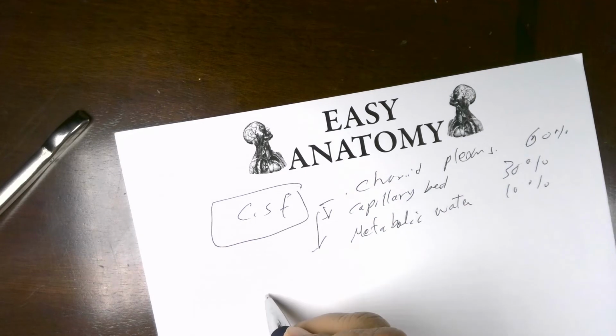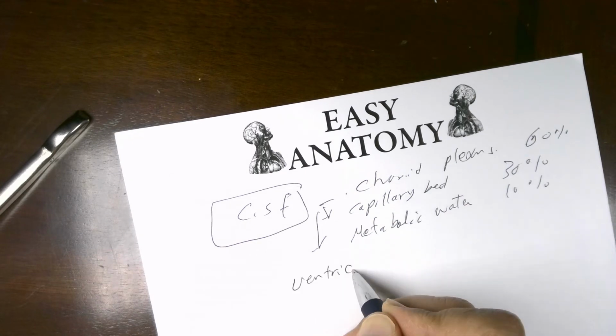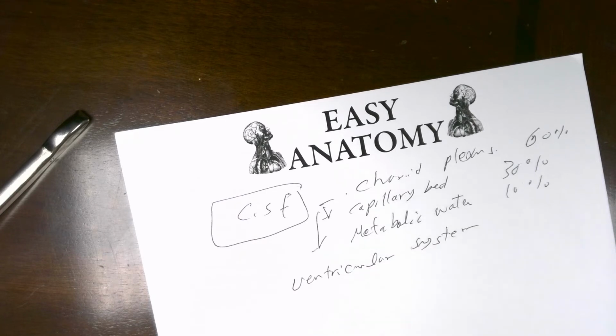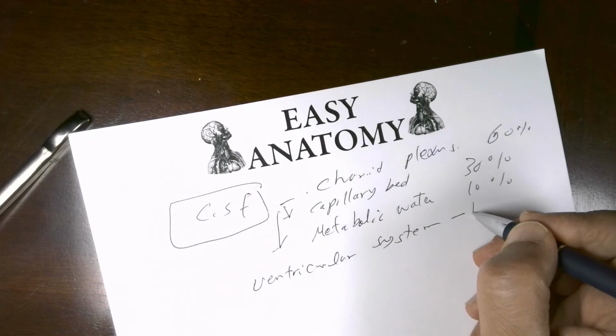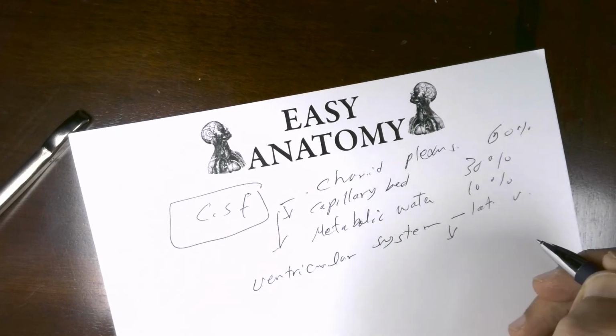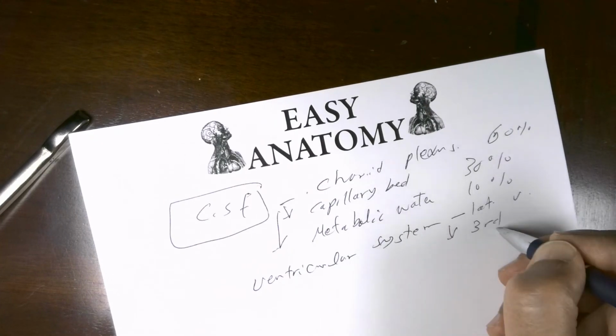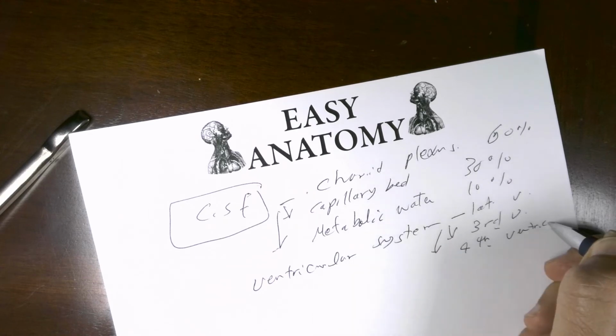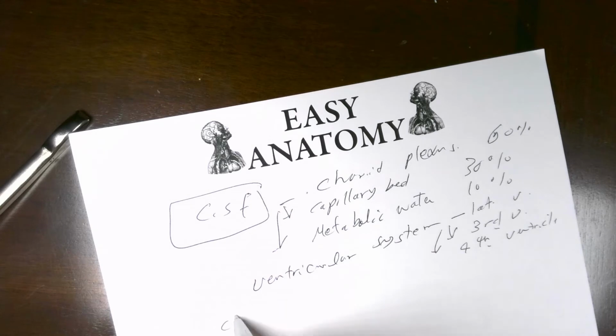So mostly it is made inside the ventricular system of the brain. You have the lateral ventricle, the third ventricle, and the fourth ventricle. In each of them you will find the choroid plexus.